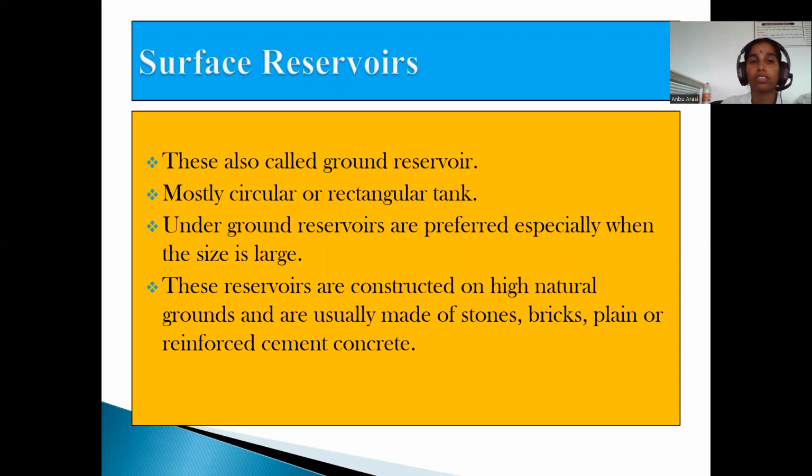Surface reservoirs, also called ground reservoirs, are mostly circular or rectangular tanks. Underground reservoirs are preferred, especially when the size is large.